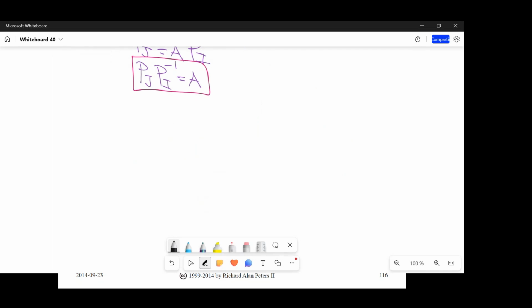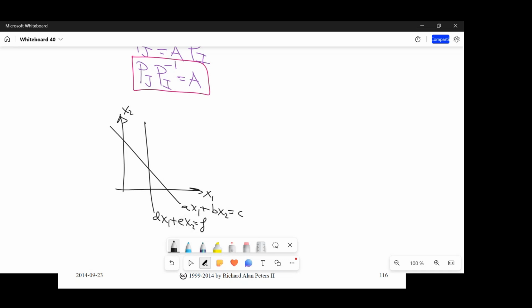So in general, there will not be a solution. Let's take an equivalent example. Let's say that you have two lines. One of these lines is a1 x1 plus b1 x2 equal to e, and the other line is a2 x1 plus b2 x2 is equal to f.